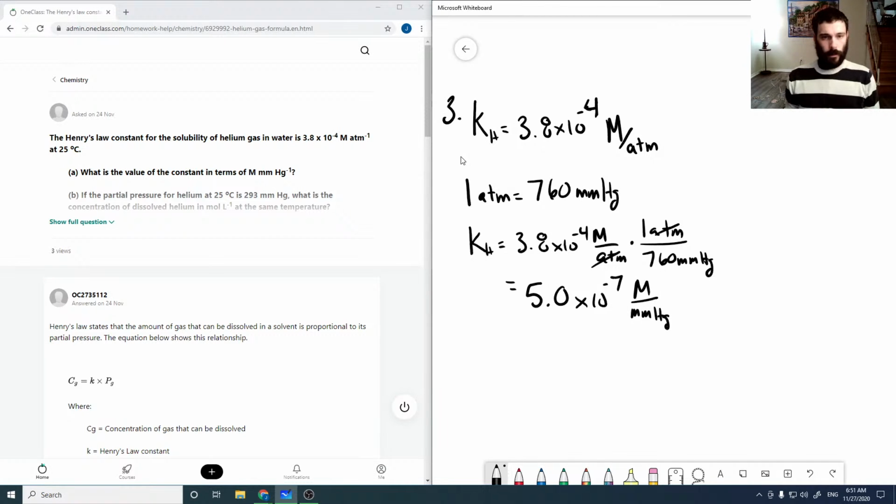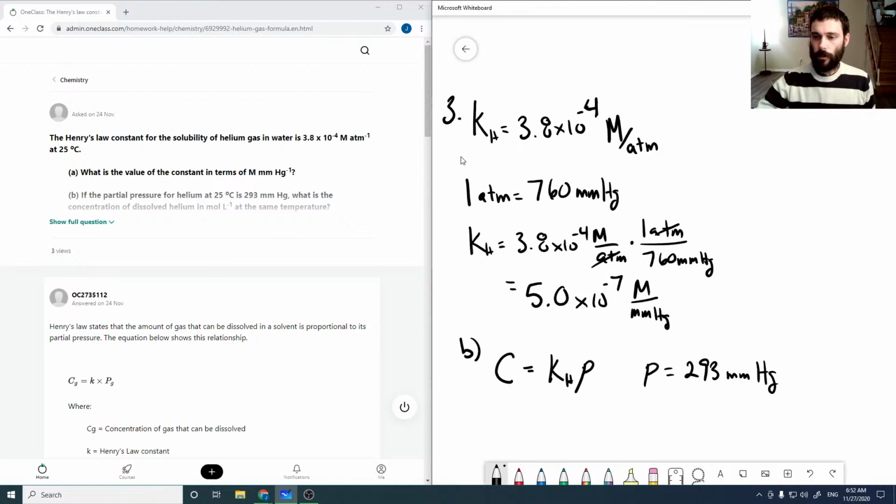Okay, so now the second part of the question just asks to calculate the concentration. So Henry's law relates the concentration of dissolved species to the Henry's law constant and the partial pressure of the gas. And so part B says if our partial pressure is 293 millimeters mercury, what is the concentration of dissolved species?